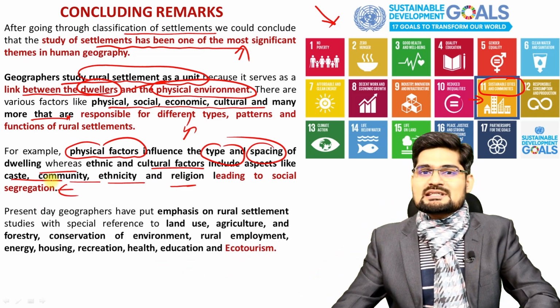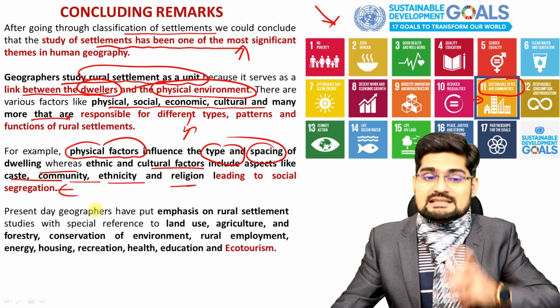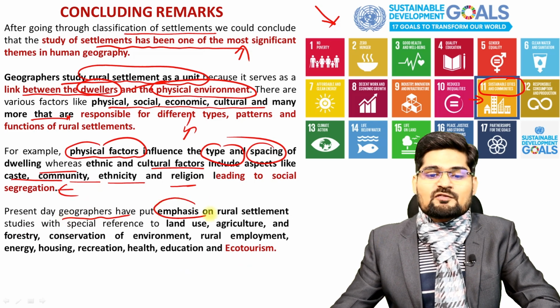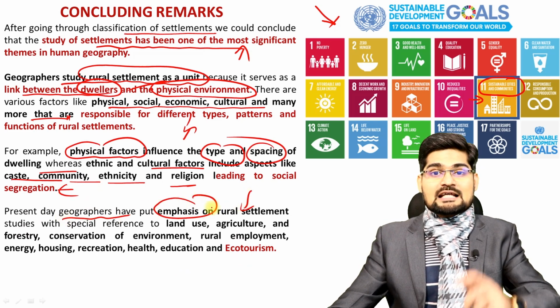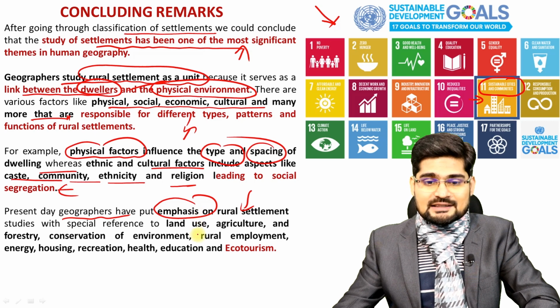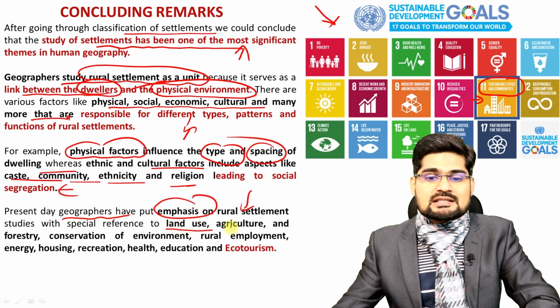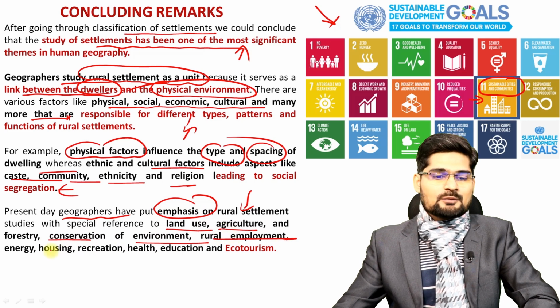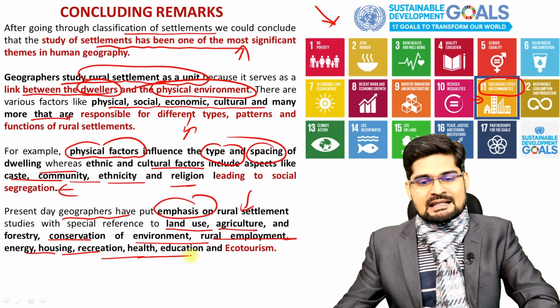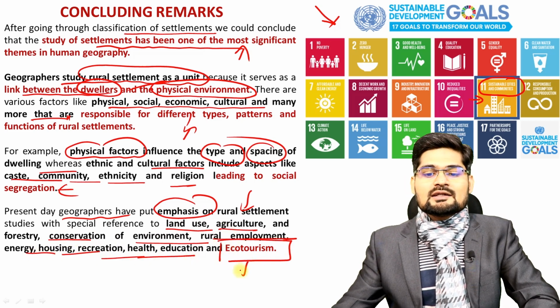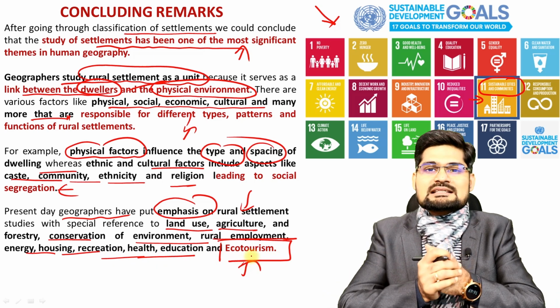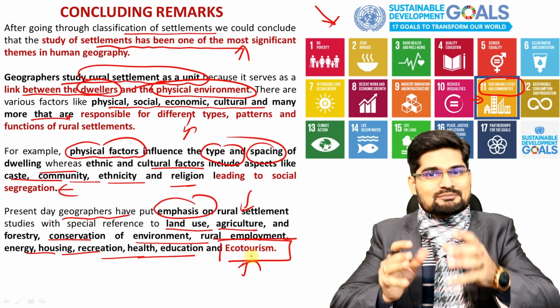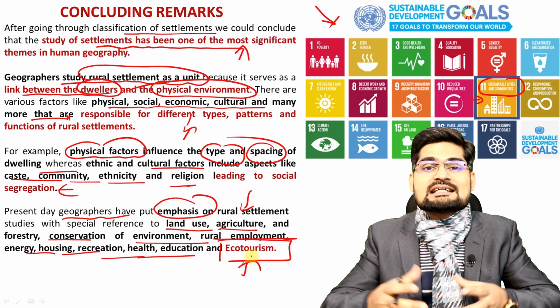So the future, or the way forward, is what? In present day, geographers have put emphasis on rural settlement study as well as their transformation into urban settlement. For example, land use change, land cover change, agriculture, forestry, conservation of environment, rural employment, energy, housing, recreation, health and education. And the new thing that is always around us is ecotourism. Not simply tourism, but ecologically sensitive tourism.